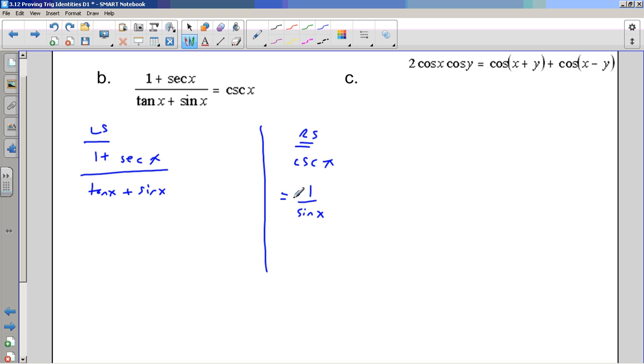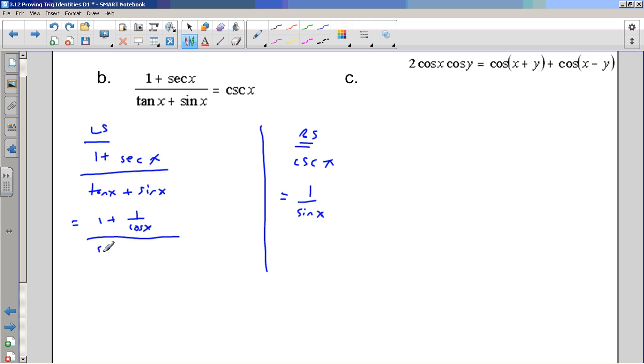And notice this side is pretty simple. I can't do much else with it. So it's probably the right-hand side that I'm going to be working with for the most part. And I'm going to try the same strategy. I'm going to write all this stuff in terms of sines and coses. So secant is 1 over cos x.